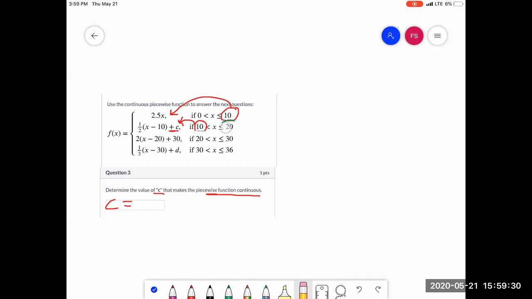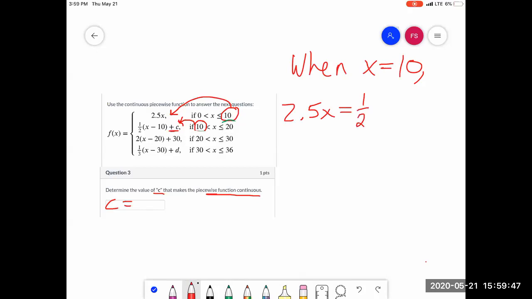So I'm getting that when x equals 10, for this function to be continuous, 2.5x has to give us the same value as that second equation, 1/2 times the quantity, so in parentheses, x minus 10 plus c.